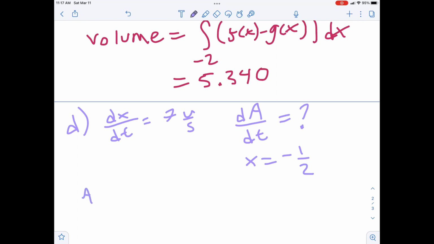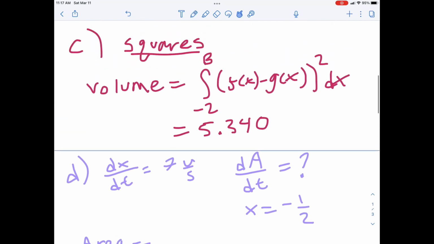So I'm just going to write down that my area is, well, we actually found it in part C, and the area between these curves is our integrand, which is f of x minus g of x, squared.